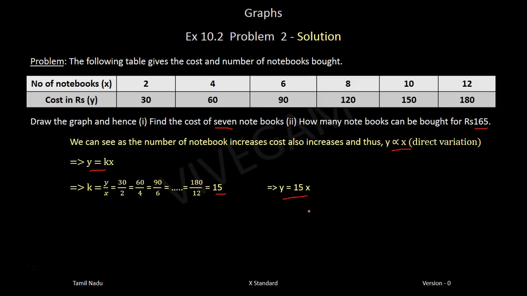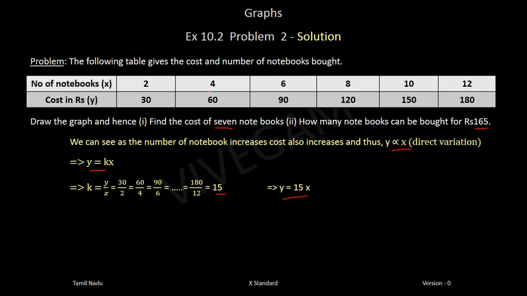Okay, but you don't need to create a table because the table is already created here. So we can straight away use this table. The only thing is that we'll have to select the scale of the x-axis and the y-axis. As you can see, notebooks cannot be negative and the cost also cannot be negative. So just for namesake, maybe you can have 1 or 2 centimeters on the negative axis for both x and y.